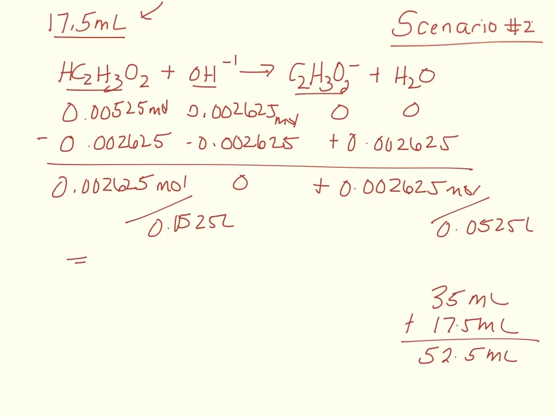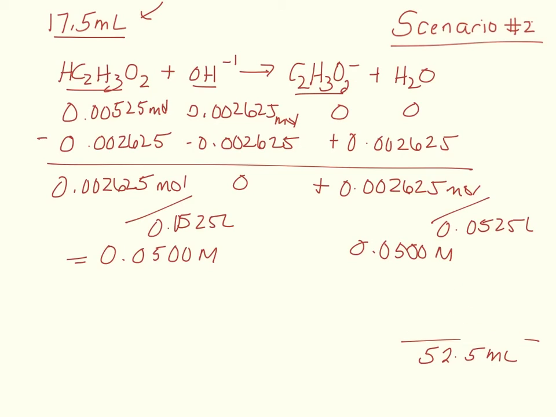Both of them are going to have the same value, 0.0500 molarity and 0.0500 molarity. Let me just get rid of this down here. One thing I like to do at this point is just remind myself which is the acid and which is the base. This molarity on the left-hand side is the acid, the one on the right-hand side is the conjugate base.